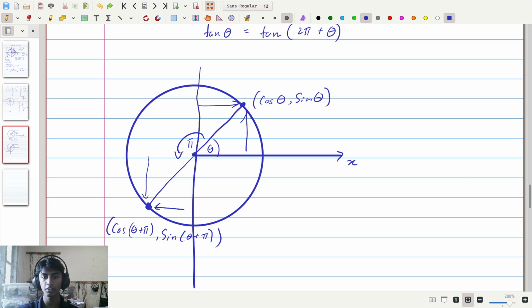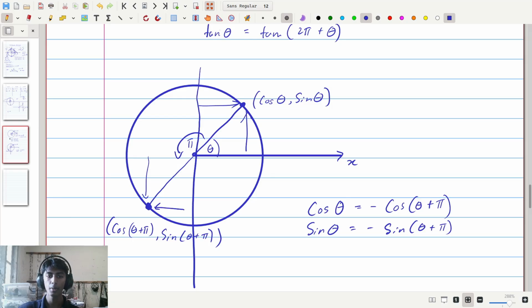So what does this mean? This means that cosine of theta is equal to negative cosine of theta plus pi radians. Similarly, sine of theta is equal to negative sine of theta plus pi radians. And also, because tan theta is sine theta divided by cos theta, and we have a negative sign on both of these, they actually cancel when we divide.